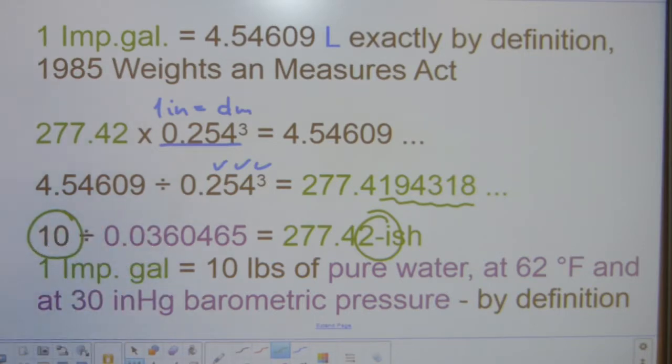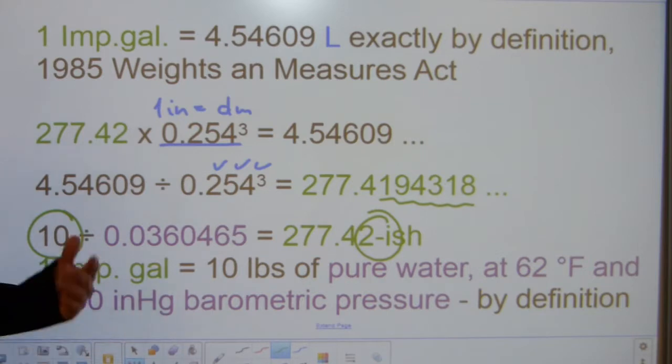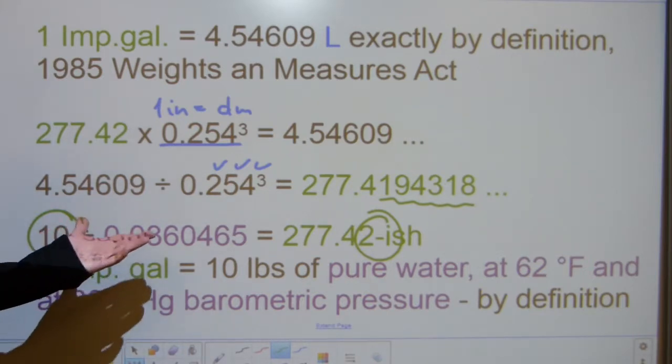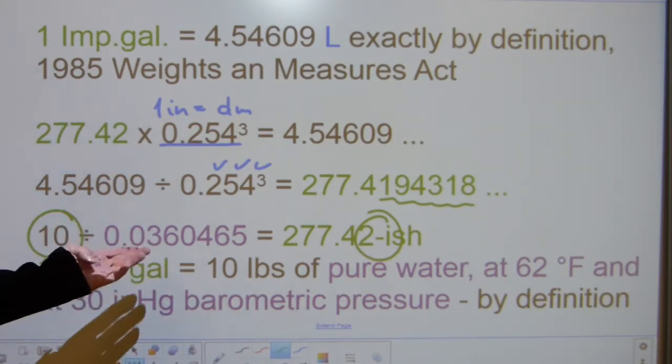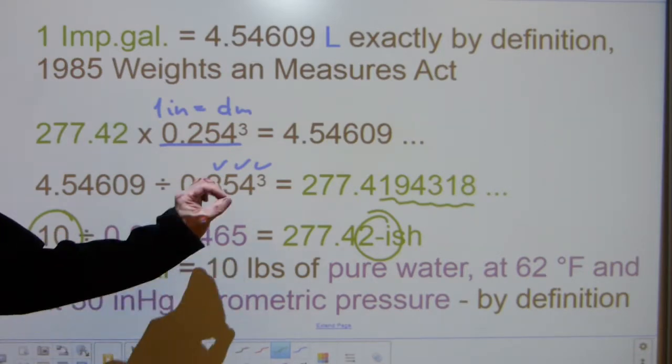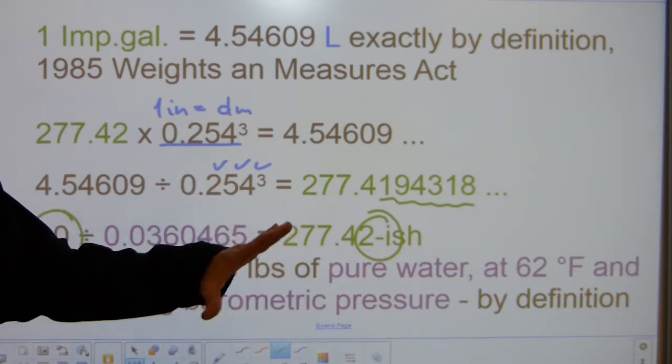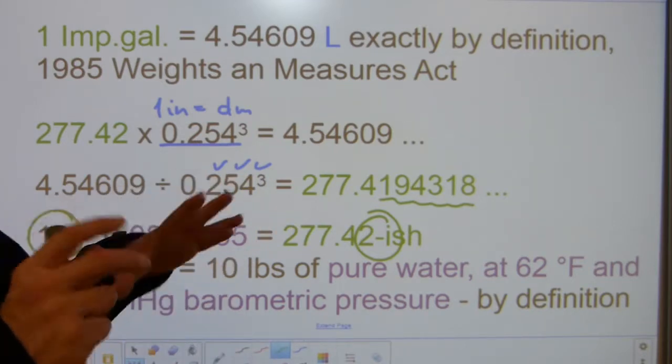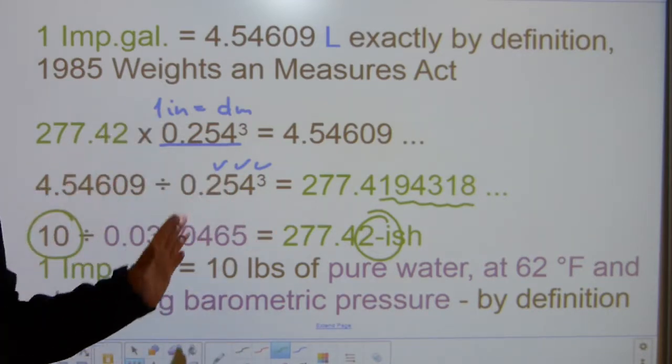It involves this purple number. So why do we have now a purple number if this was already complicated enough? Well, that's the density of water, but that density only applies to 10 pounds of water that is pure water, pure H2O. There is no silt, no sediment, no sand, nothing in it.